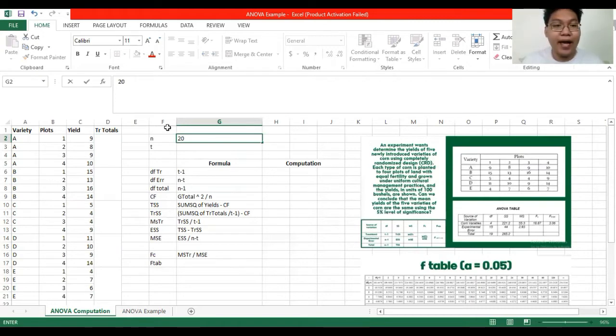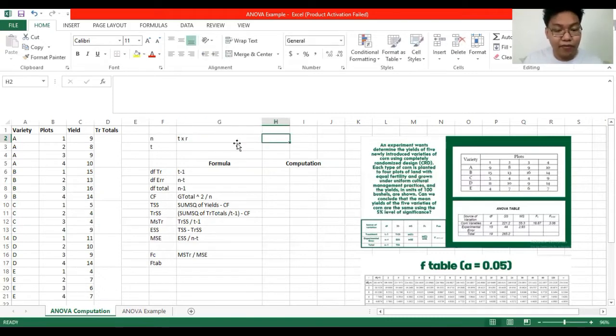Because the formula for N is T times R. T is your treatment, and we have 5 treatments, and R is our replication, and we have 4 replications for this case. Thus, our N is 20 and our T is 5.